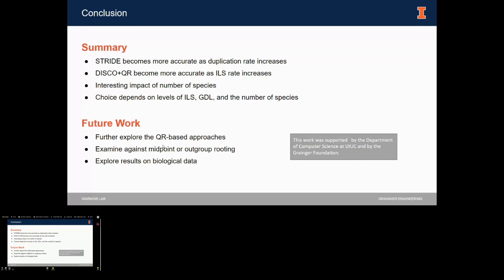That's actually possibly an advantage it might have over something like midpoint routing, because it's not very sensitive to that kind of stuff, since it's purely looking at the topology. And the same sort of applies to Stride as well, where it's looking at duplication events, so I don't think it takes the lengths of the branches into account as much. Okay, thank you.